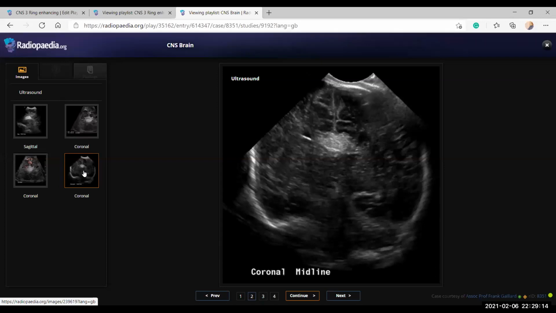So this could be corpus callosum dysgenesis with a pericallosal lipoma. I will confirm such finding with an MRI.